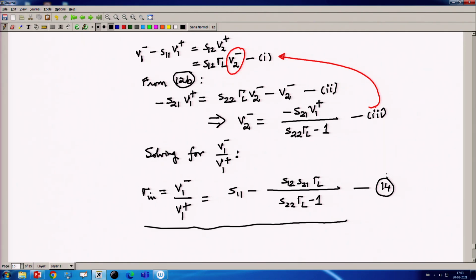So, this gives the reflection coefficient at port 1 when port 2 is not match terminated, that is, we have a gamma L at port 2.